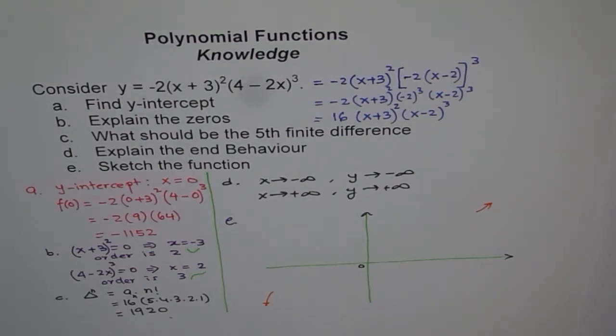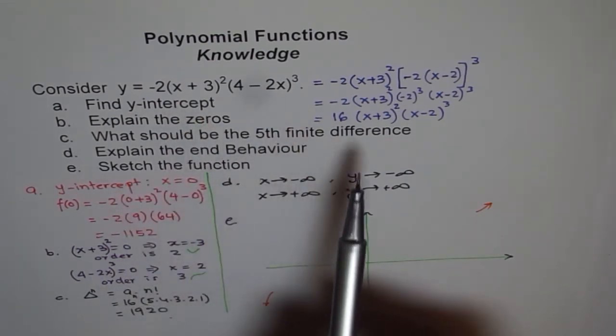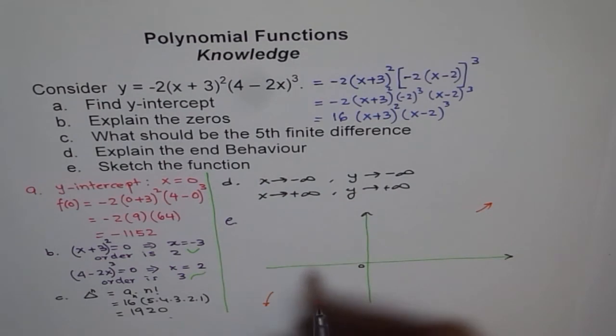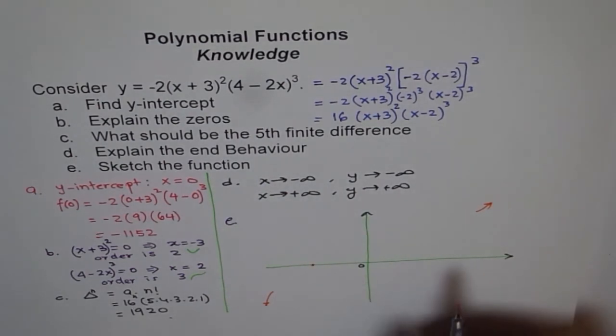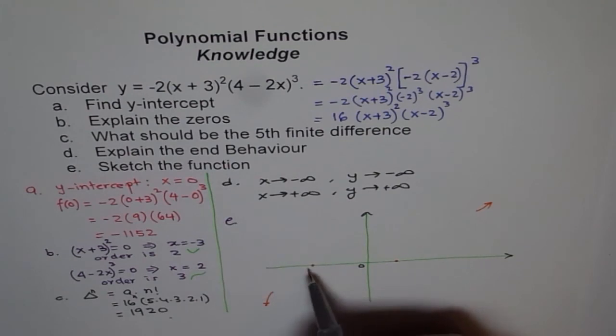So let's sketch the graph now. To sketch the graph, let's point out these zeros. So zeros are at minus 3 of order 2. So we have minus 3 here, and then 2, which is cubic. Let's say cubic is here. Now if you are sketching a graph, it is moving from quadrant 3 to 1. So at minus 3 we have order 2, so it's going to turn from it.